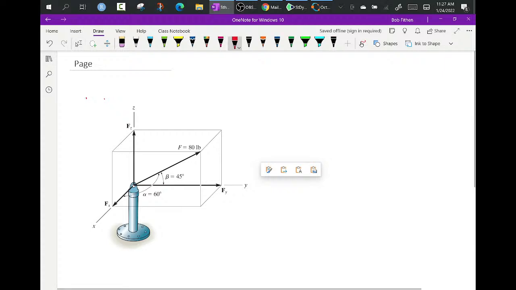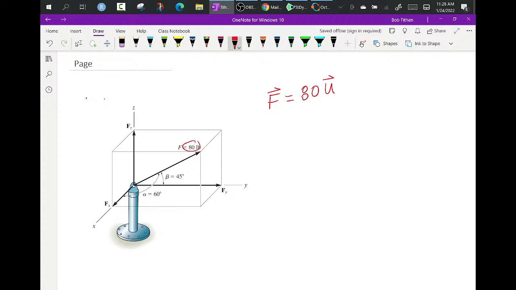Okay, well, F is going to be equal to the value of the force, which is 80, so it's 80 times the unit vector. Well, the unit vector is basically, here I'm looking over at that.